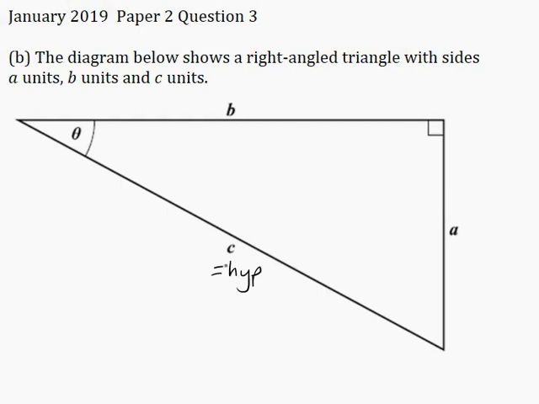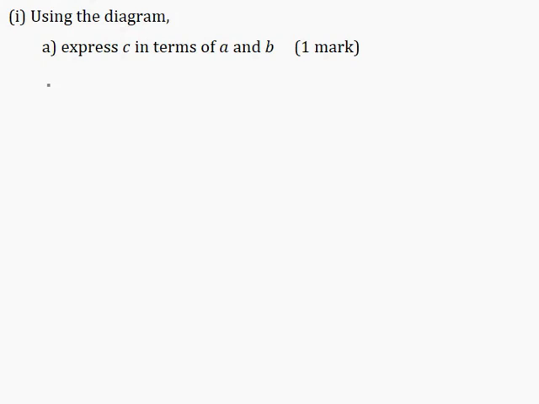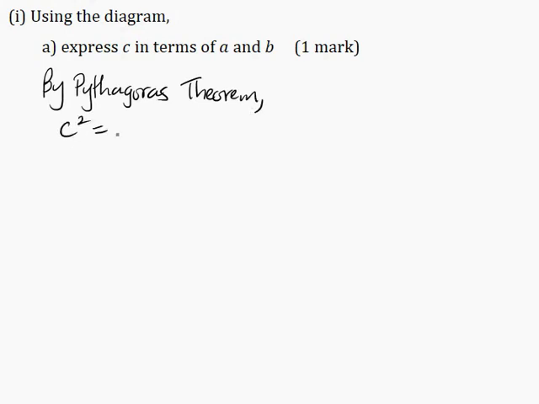So what this means is that C squared is equal to A squared plus B squared. So I will write this here by Pythagoras Theorem, C squared is equal to A squared plus B squared.